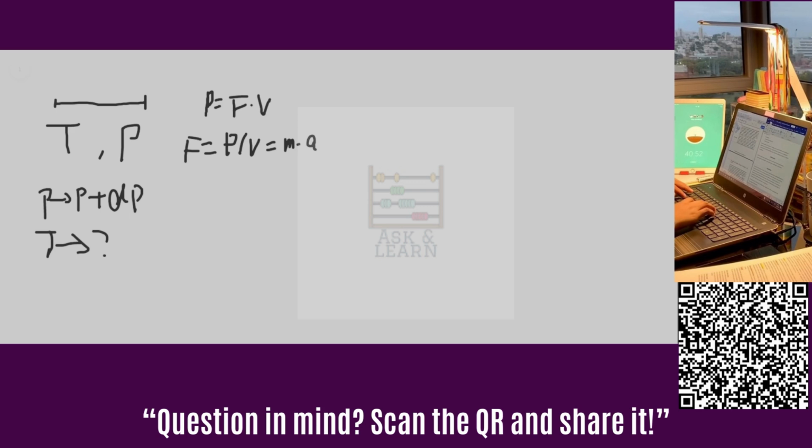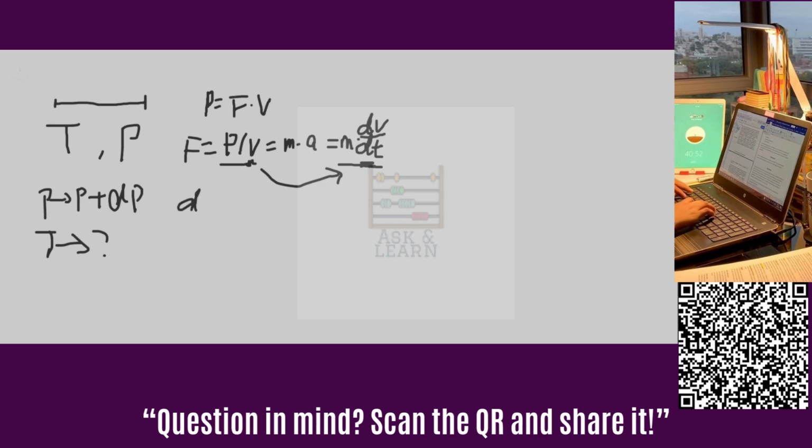And so we can figure out the force equals P over V. And force according to Newton's second law equals m times a, where a is the acceleration. And so we can replace the a with dv/dt, because acceleration basically is the derivative of the velocity.